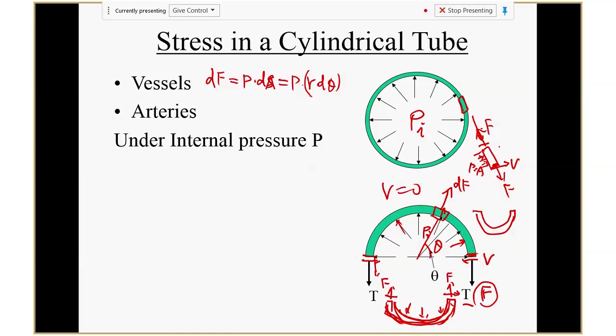That's the small arc length, ds. Then times this dimension, right? So that's a small area. Is that correct? Okay, now this is a small dF.